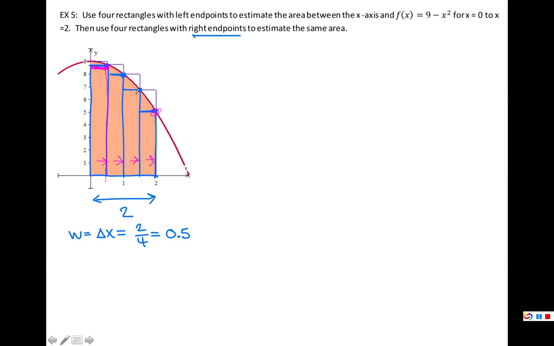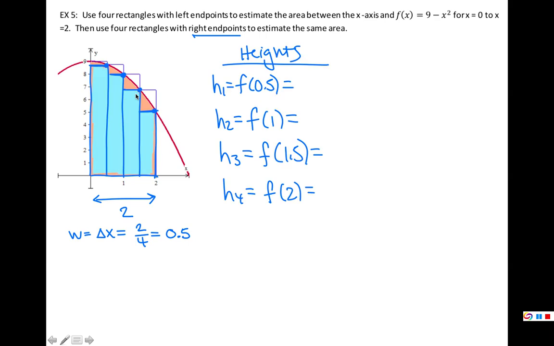So if we use right endpoints, the width, or the delta x, hasn't changed. We still have a region with a length of 2 divided into 4 rectangles. 2 divided by 4 is a half, so the width is still a half. The thing that's changed is the heights. The heights of these rectangles have now changed because the right side of the first rectangle is now at 0.5.